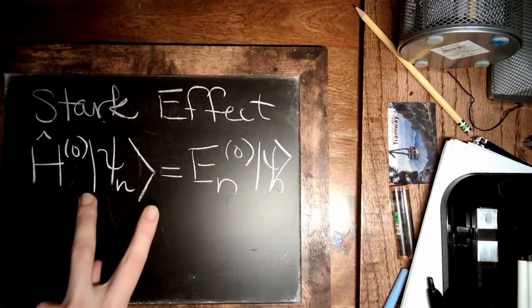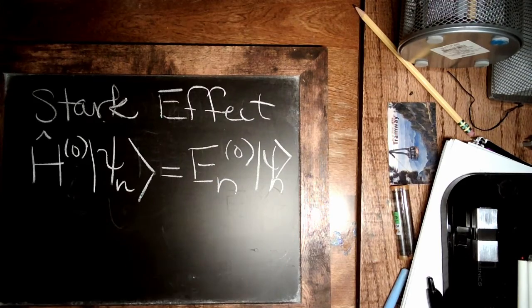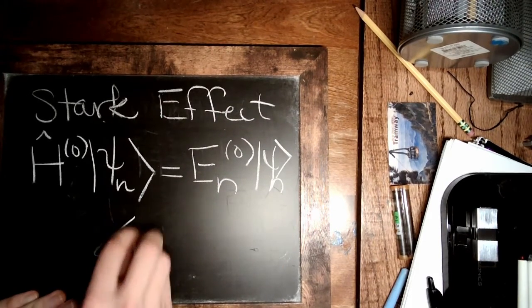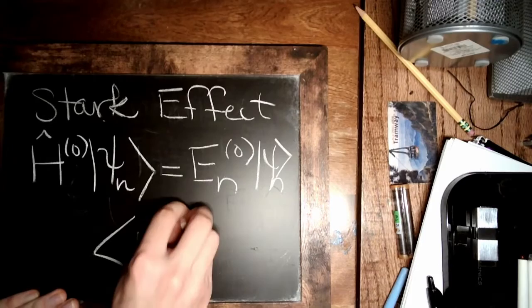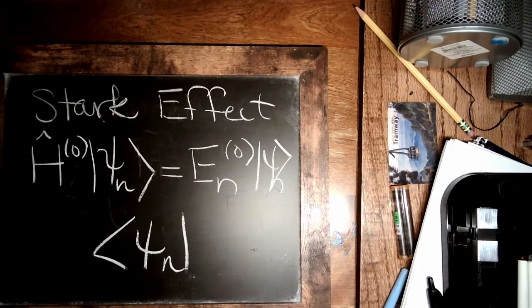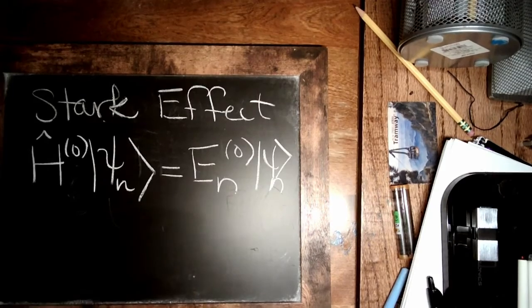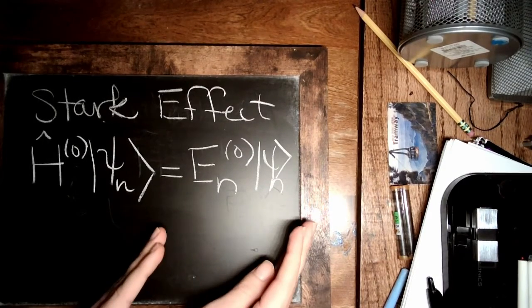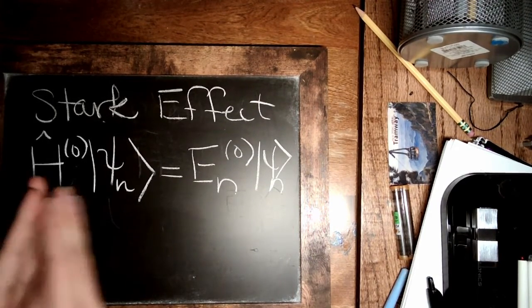Now this is a ket representing a state, whereas if you draw it from the other side, that's a bra. But we're not dealing with bras right now. Sticking with the kets, H0, E0.